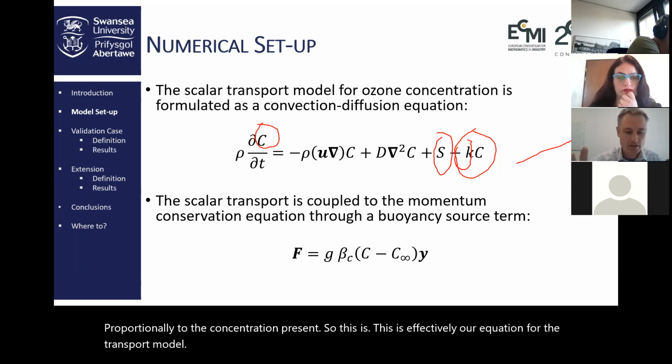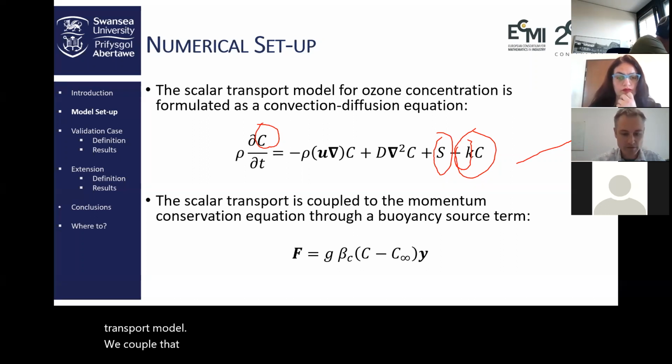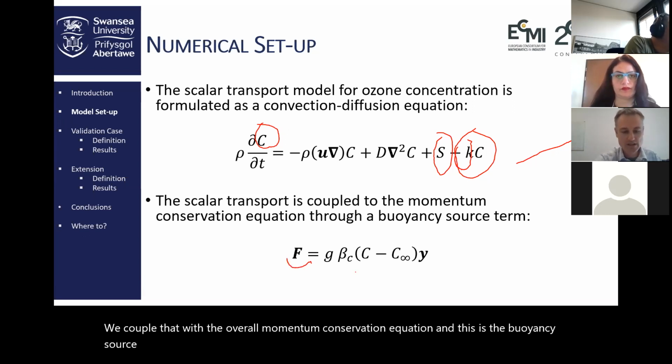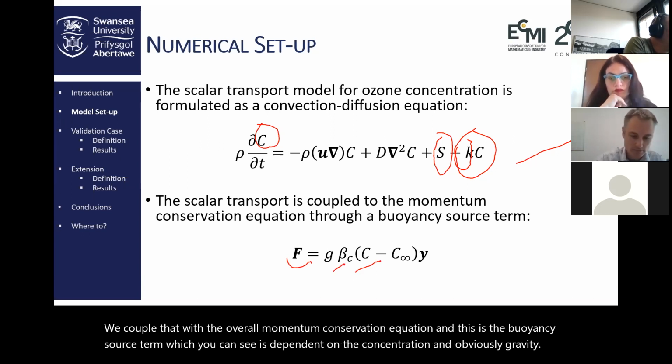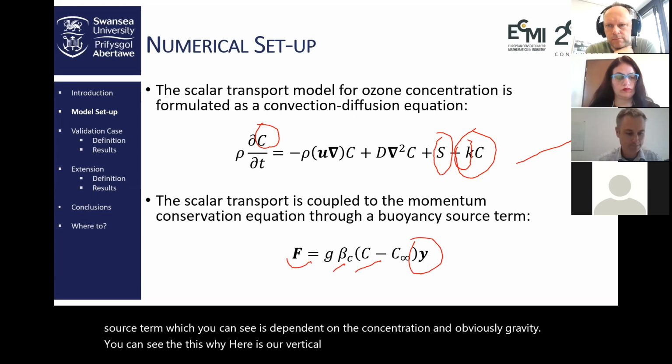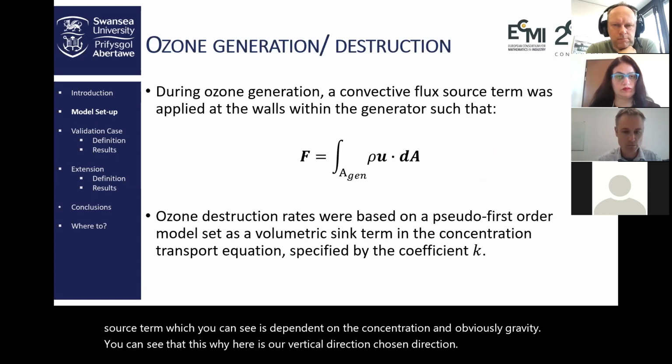We couple that with the overall momentum conservation equation, and this is the buoyancy source term, which you can see is dependent on the concentration and obviously gravity. And you can see this Y here is our vertical direction, chosen direction. So it's fairly simple.